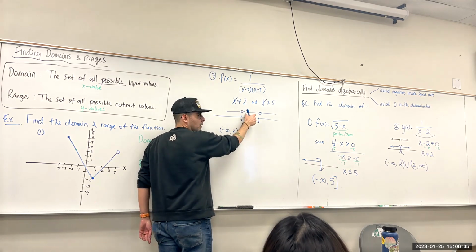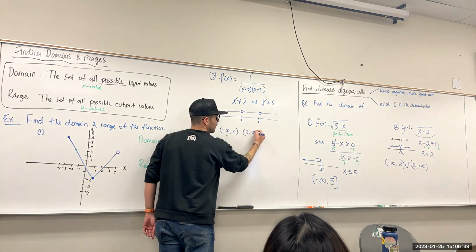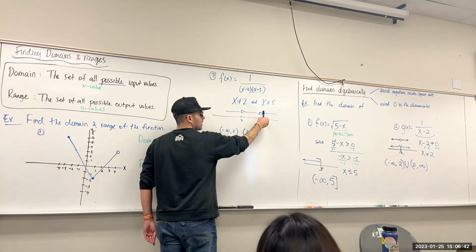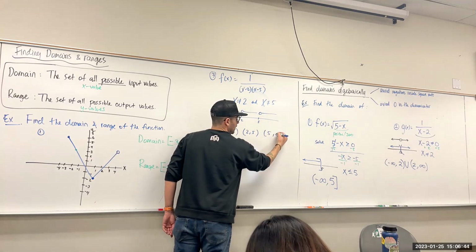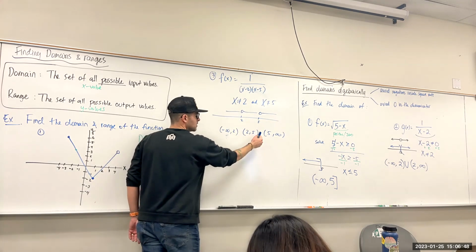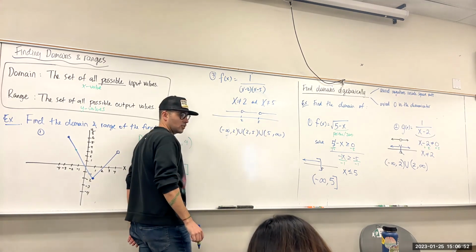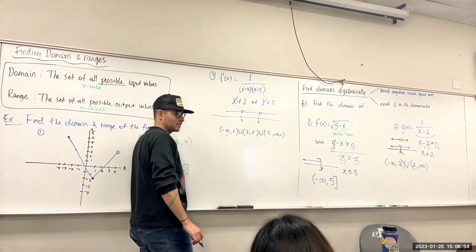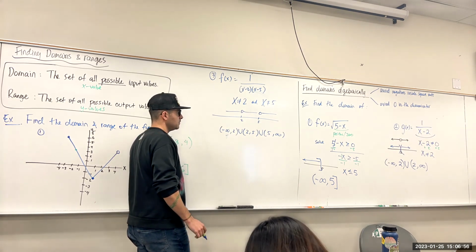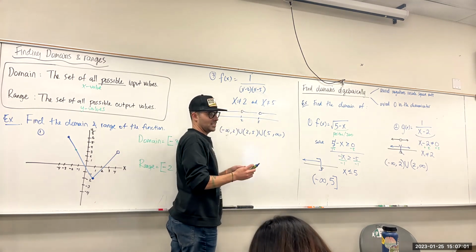So don't forget that part, otherwise you get it wrong. So everything in between 2 and 5, and then everything 5 and greater. So you get 3 intervals. What do you put in between each of these? You put a big fat U. So in this case, you're going to use 2 unions. So the more x values you have to exclude, the nastier the interval.